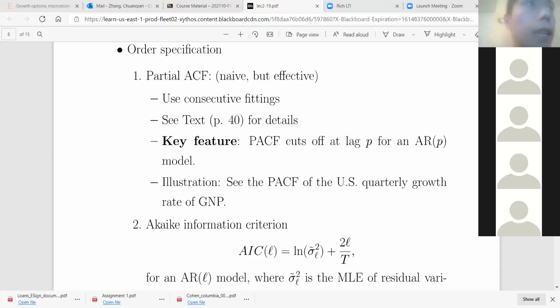What is the partial autocorrelation? We need the partial autocorrelation PACF to define what is the cutoff value for the lag periods to establish the AR models. Okay.